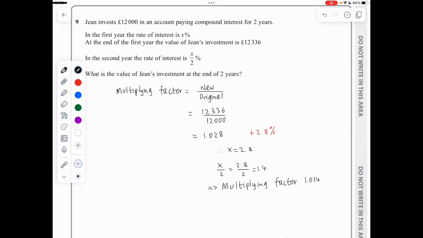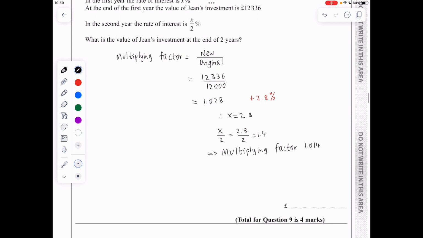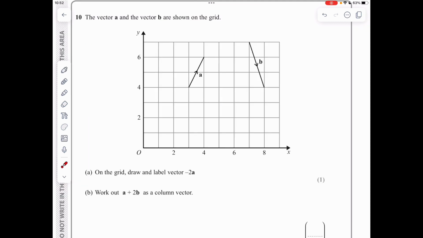So I will take the value of the investment at the end of the first year, which was 12,336, multiply this by 1.014, giving an answer of £12,508.70.